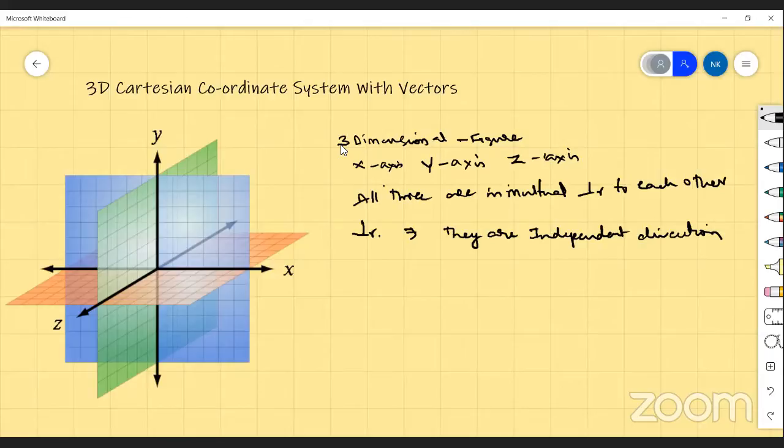Okay. So when you consider this, we follow the right-handed system. So what happens in the right-handed system? It will always be like this: x, y, z.